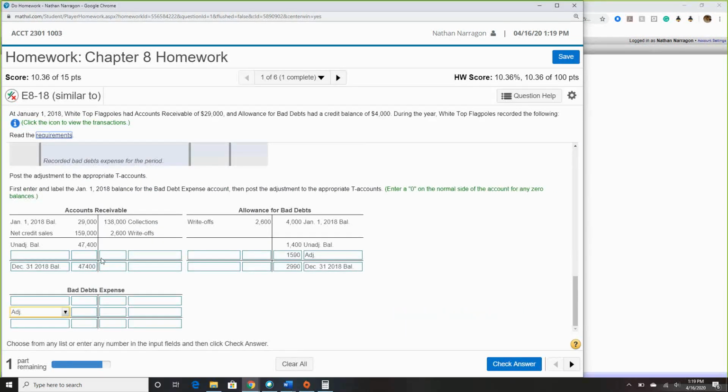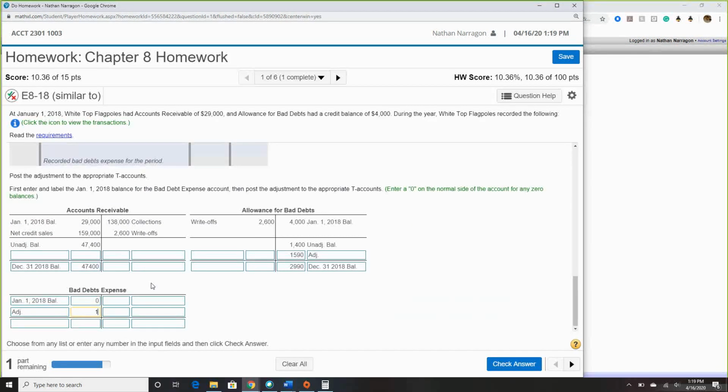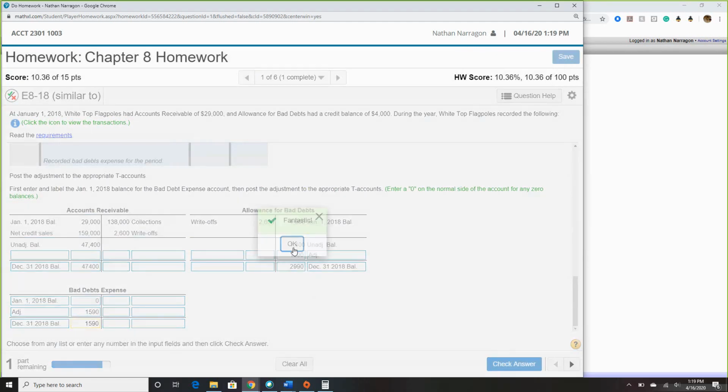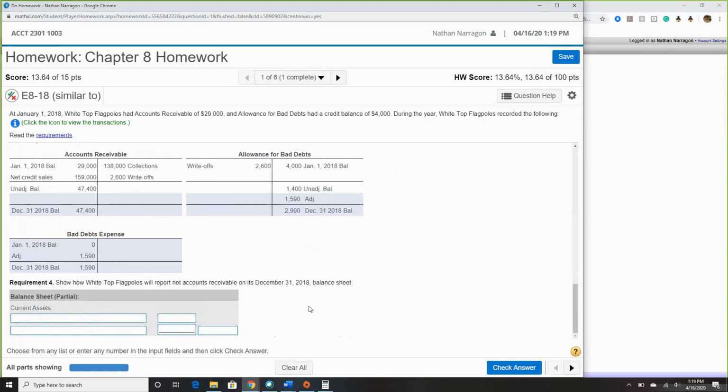Since there is a balance here, we're going to go ahead and put it at 0 just to be safe. And then the adjustment is the 1,590. And the December 31st balance is 1,590. Check. Everything's good. Cool. That almost threw me for a little bit of a loop there, having a balance right there.